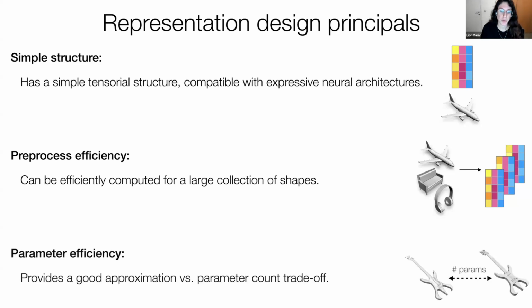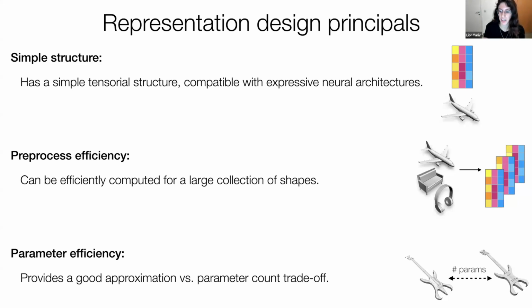And the last principle that we want to keep in mind is that we want it to be efficient in terms of parameters. Unlike images, which occupy the full 2D grid, a 3D shape is only occupied near the surface. So how can you make a representation efficient, with a good trade-off between the approximation of the shape and the parameter count?